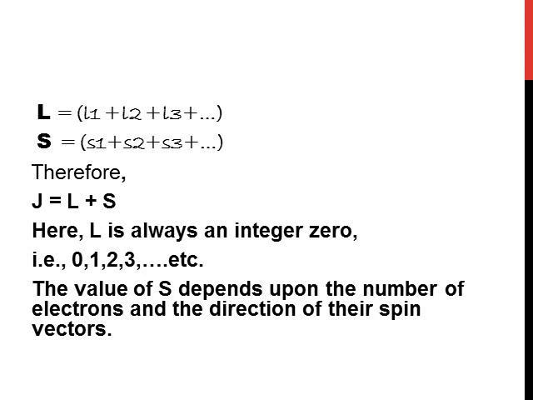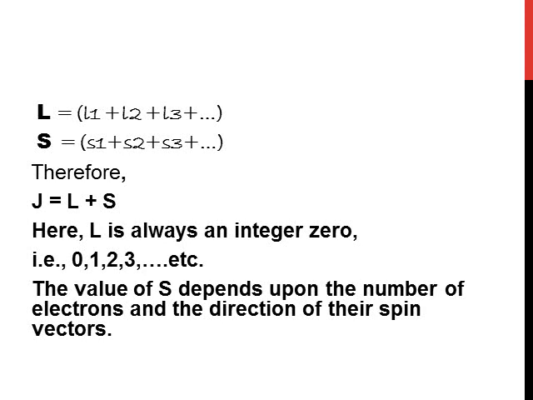That means, if we consider an atom which contains a number of electrons, let small l1 be the orbital angular momentum of the first electron, l2 the orbital angular momentum of the second electron, and l3 the orbital angular momentum of the third electron, and so on.